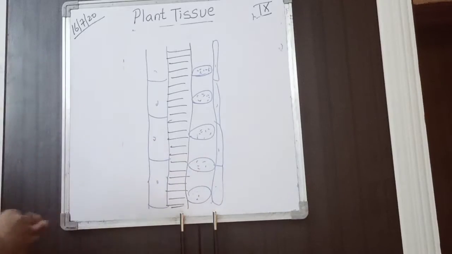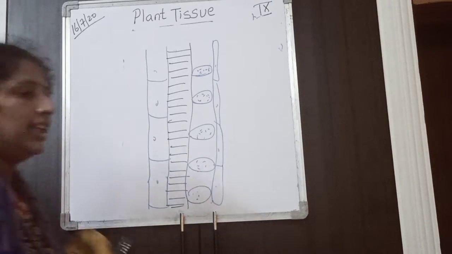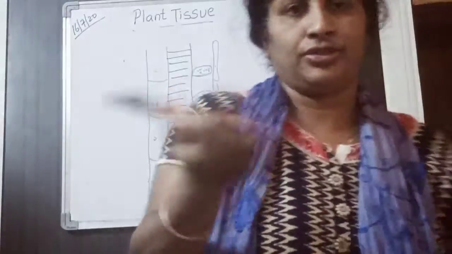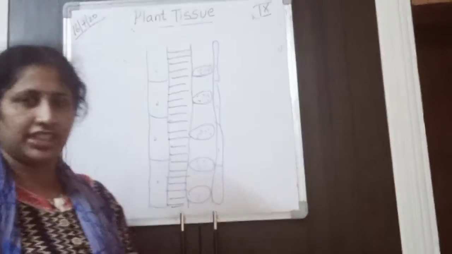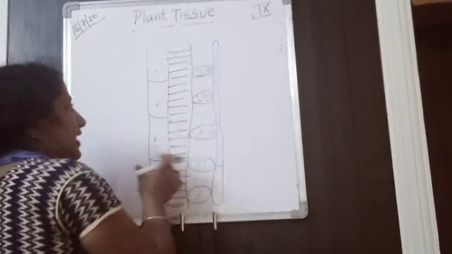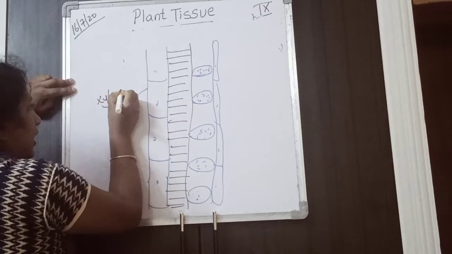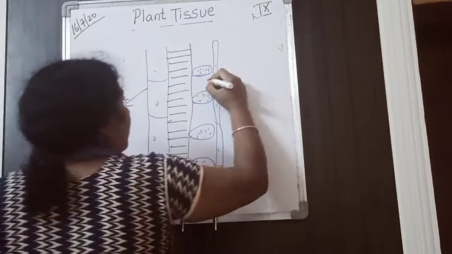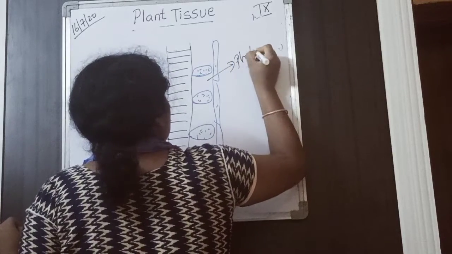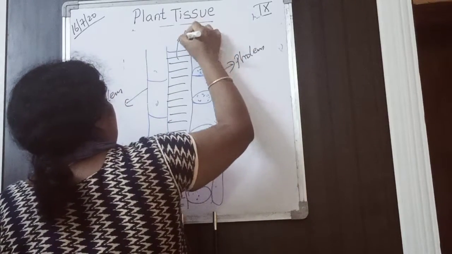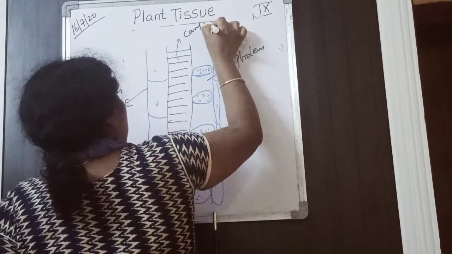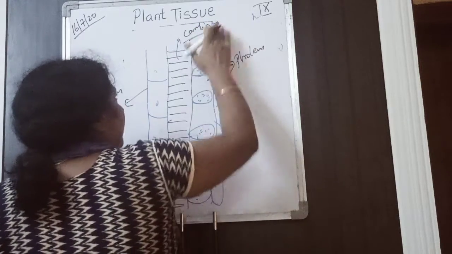If you cut the stem, a transverse section, TS of stem, you will see this. This is our xylem tissue. This is our phloem. In between this is cambium. I hope you remember cambium.